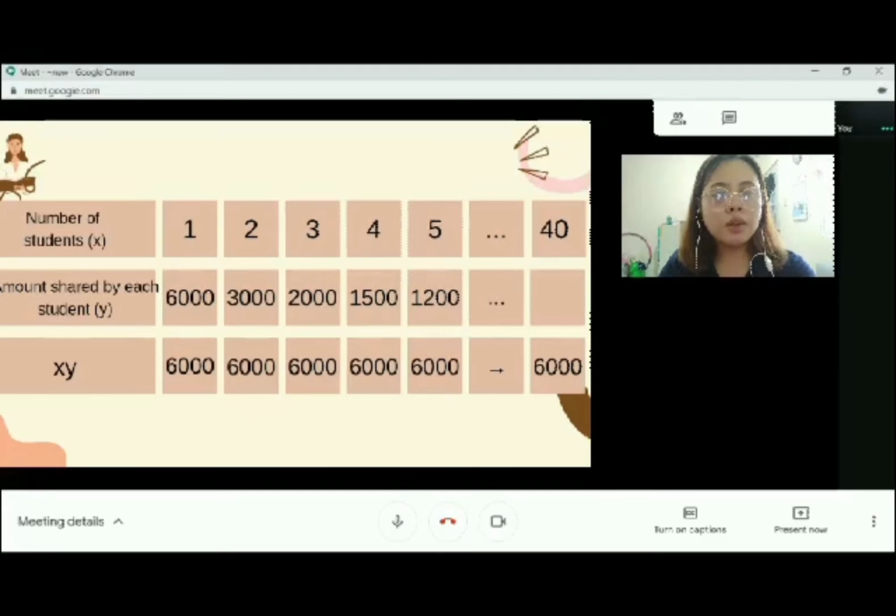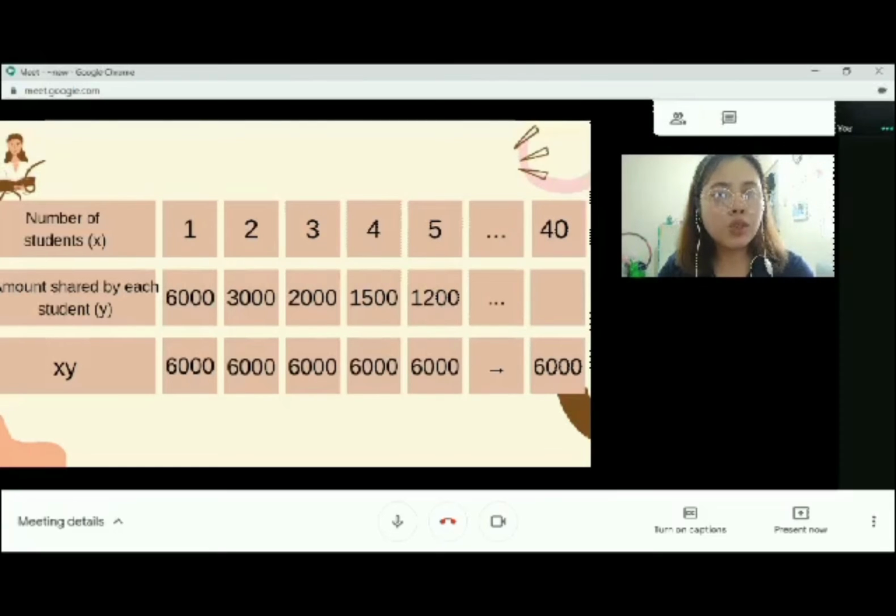While the amount shared by each student, which represents Y, is 6,000, 3,000, 2,000, 1,500, 1,200, and so on and so forth. Well, when we multiply X and Y, we get the answer 6,000 constantly.